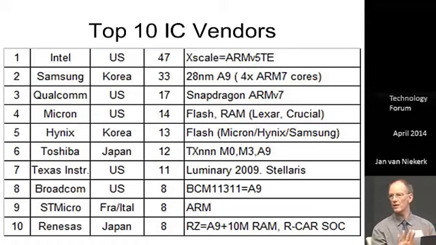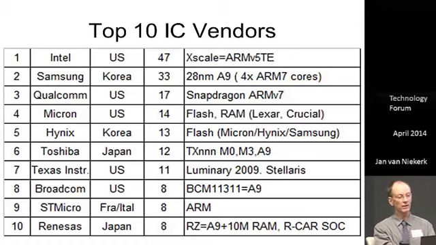So on that first page, 8 of the top 10 semiconductor makers in the world today manufacture some kind of ARM. Intel has the XScale. Intel actually has an ARM architectural license, which is the top class license that you can get from ARM. And they have real ARM-based processors. In fact, their XScale is an ARM5.